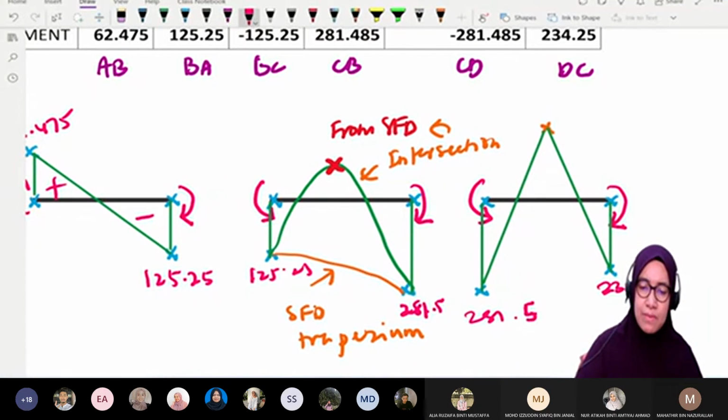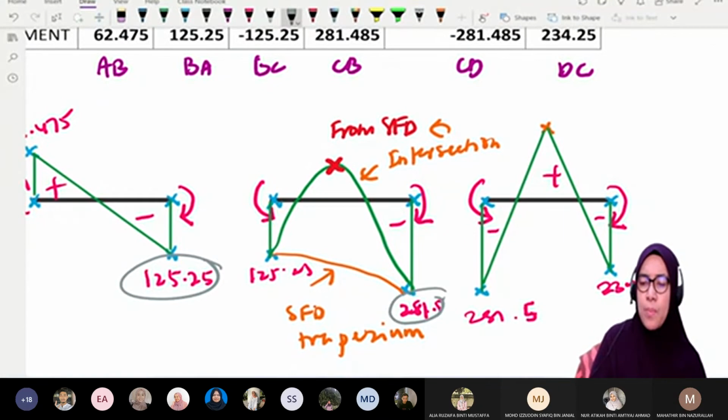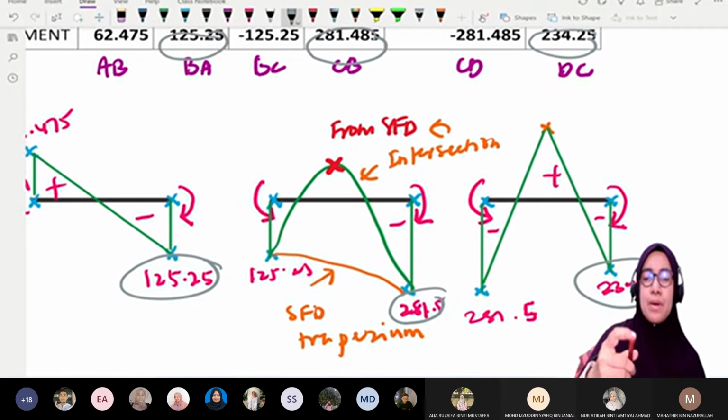Yang ni 125.25 kan. Cuma yang ni lah tak tahu. Maximum moment dua-dua pun tak tahu. Kena buat shear force diagram dulu. Okay. So, yang atas positif, yang bawah negatif. Okay, ni negatif. Dan yang kedua ni, okay, yang kedua ni semua opposite sign. Opposite dengan yang ni, opposite dengan yang ni, opposite dengan yang ni. Sebab apa opposite?